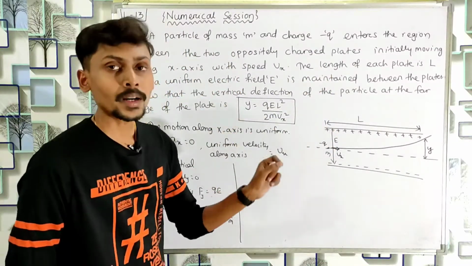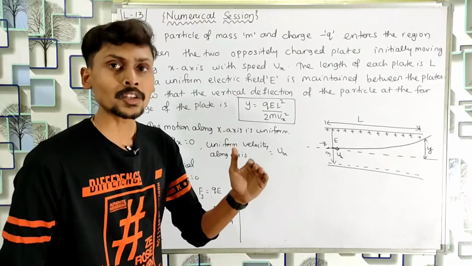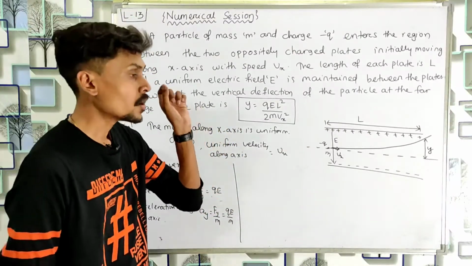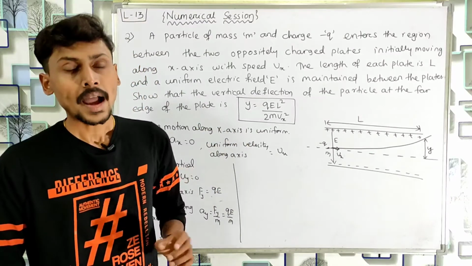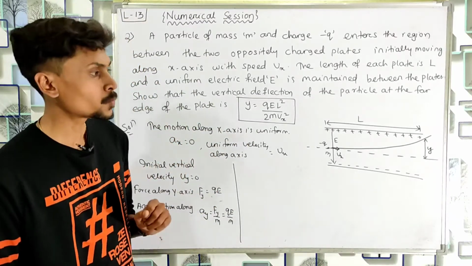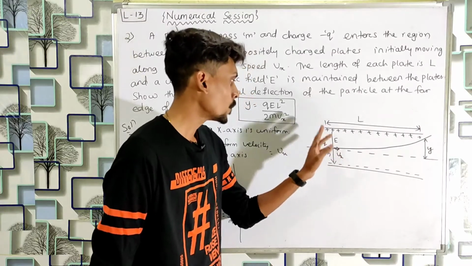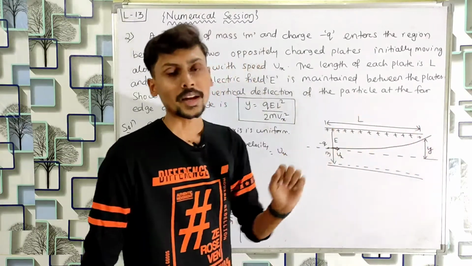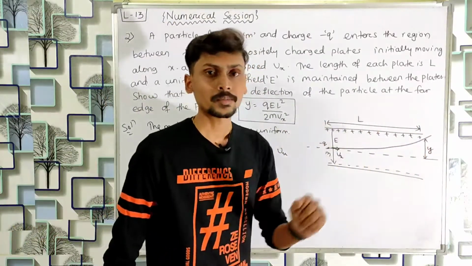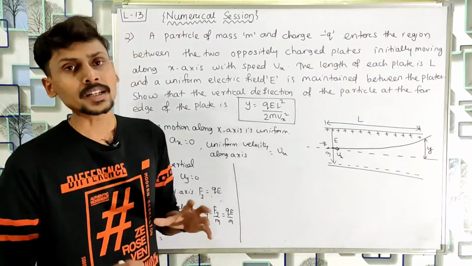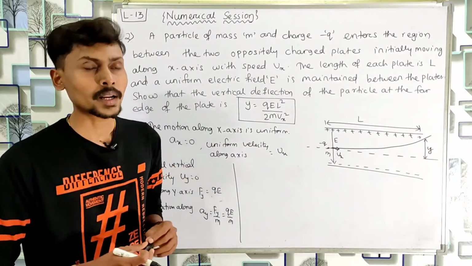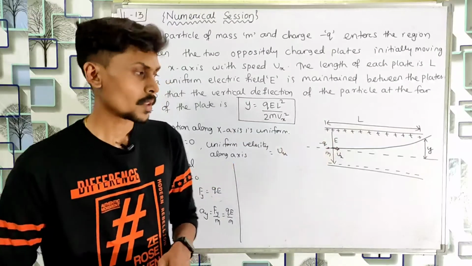But the charged particle is moving in the vertical direction as well as along the horizontal direction, and that horizontal motion is responsible to move the charged particle from this end to this end. Now tell me, what is the time taken by the charged particle to cross the plate?